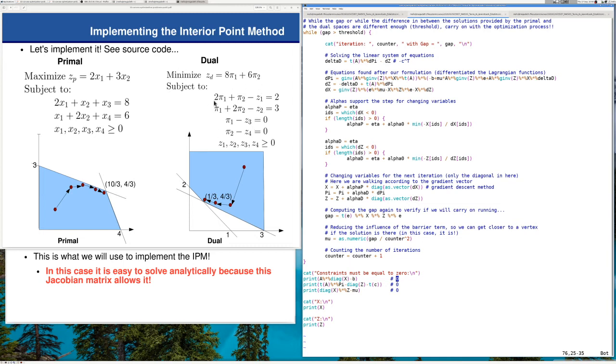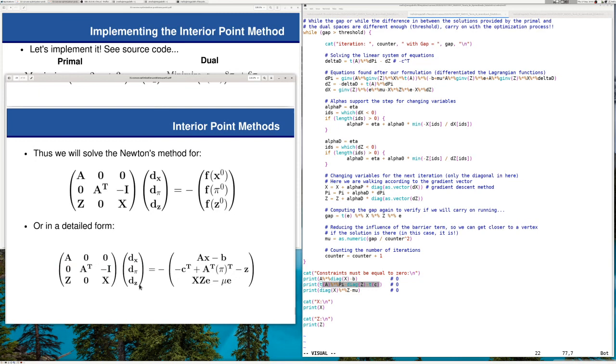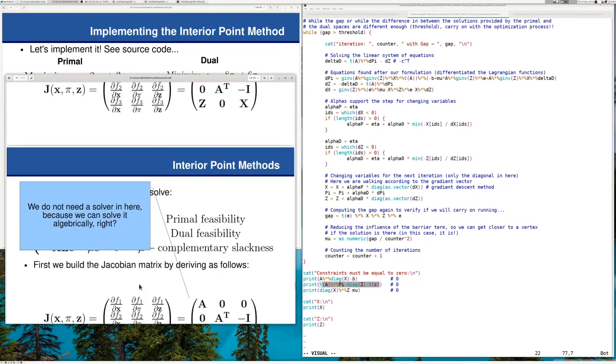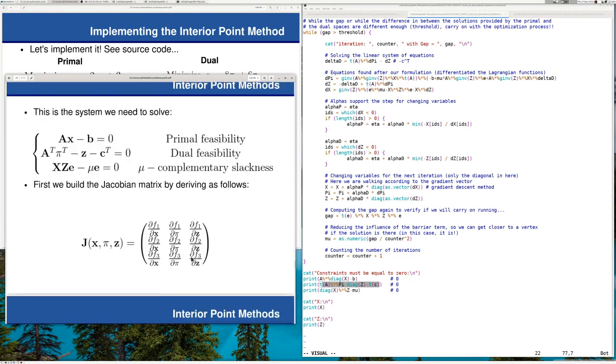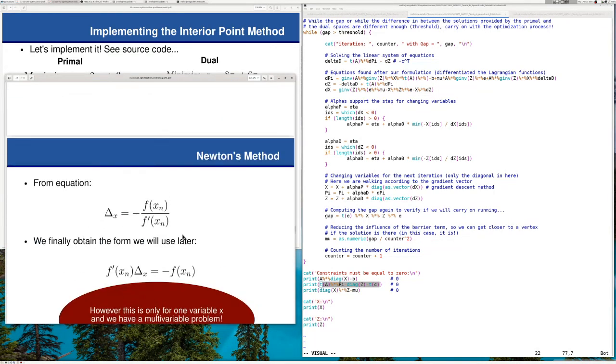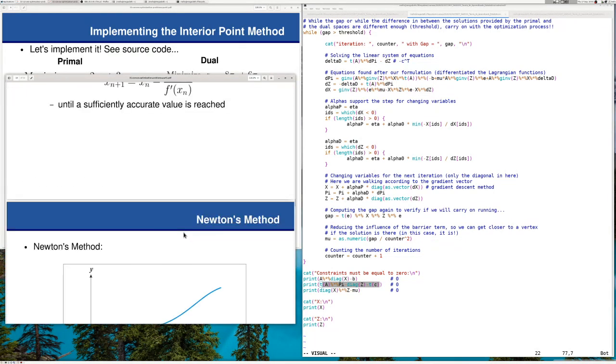And for this, take a look again. I think you guys remember that's going to be A transpose, the transposition of matrix A, multiplied by pi, minus the diagonal Z, minus the C transposed. This is actually a result we found together in our differentiation of the Lagrangian function.